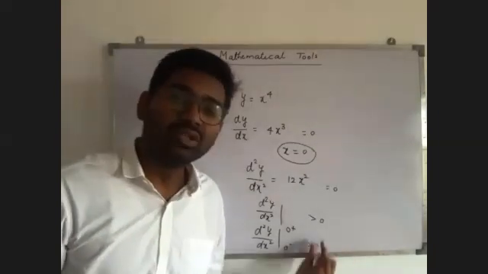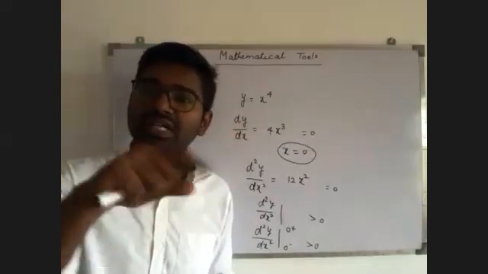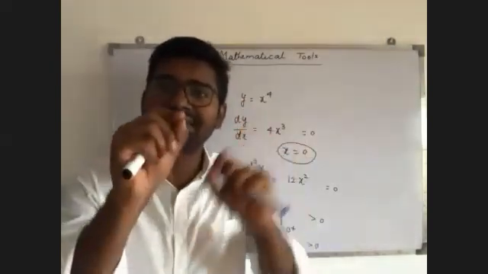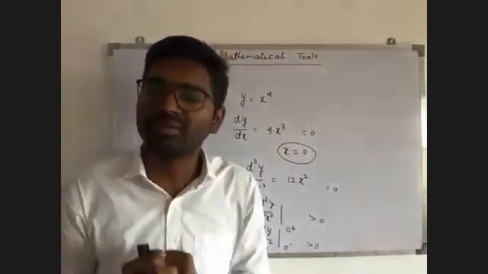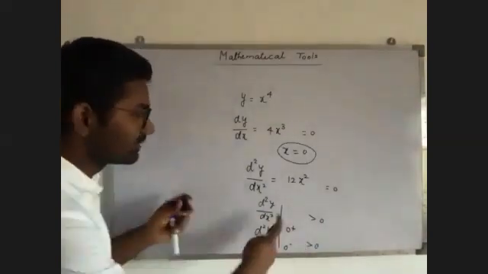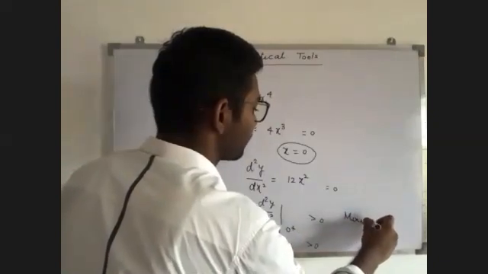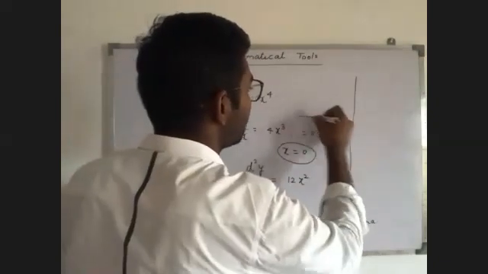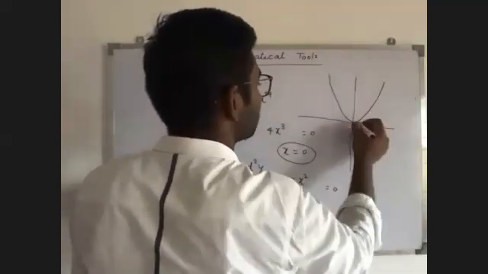Now, when d2y over dx square is greater than 0, because yesterday when I was talking about the graph, you have seen that I just took the point just before and just after the maximum or minimum point. The same thing I am doing here. So can I say that this is nothing but the condition of minima? And you know that the graph of y equals x to the power 4 is going to be like this.